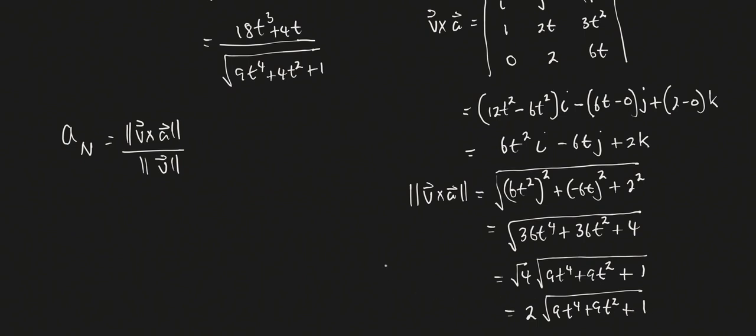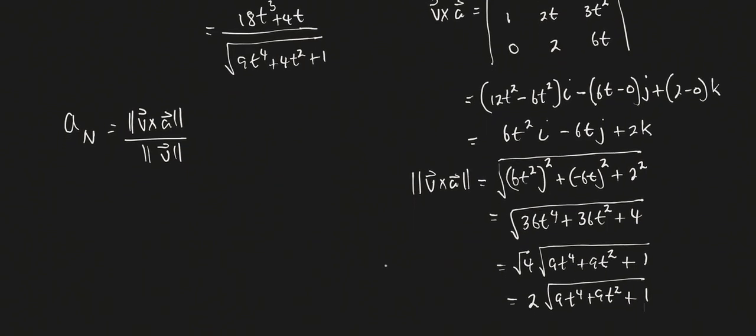So therefore, we can then write down the magnitude that I just computed, which is 2 times the square root of 9t to the fourth plus 9t squared plus 1, and then divide that by the magnitude of v.